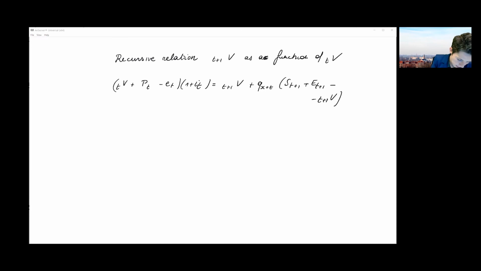We can rewrite that and retrieve an expression for the policy value at time t+1. That would be tV plus P_t minus the related expense, multiplied with 1 plus the interest rate realized between t and t+1, minus q_{x+t} times this term.